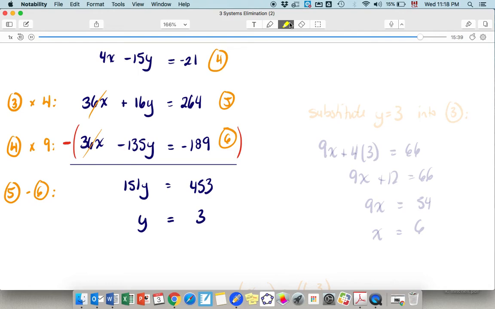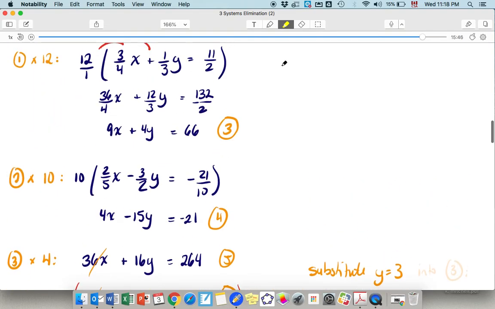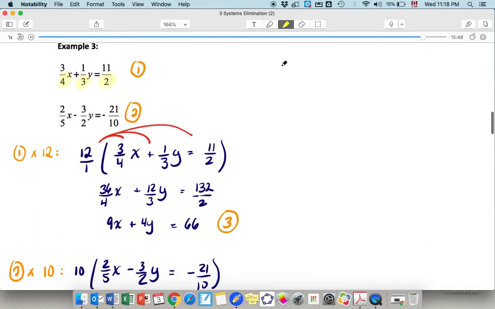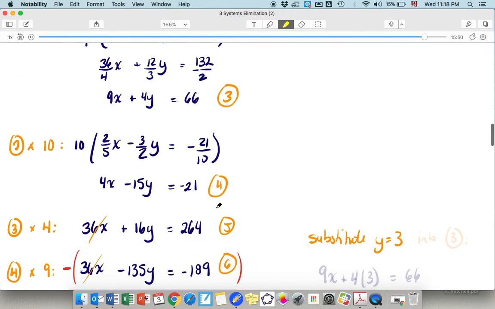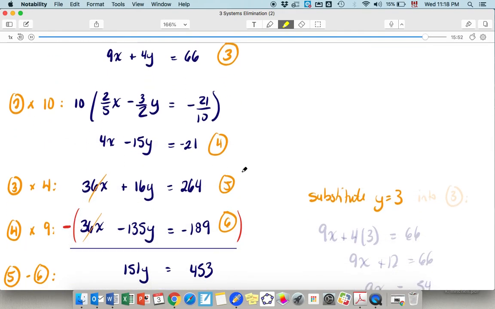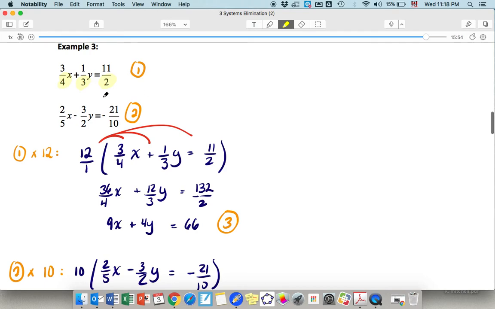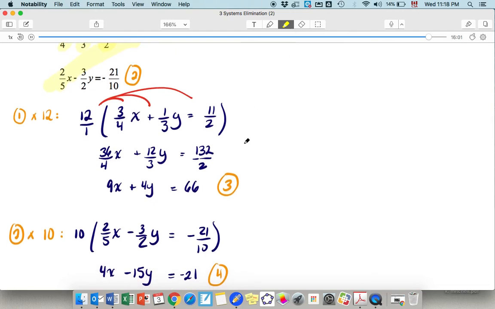Almost there, we've done most of our work. We're left with substituting y equals 3 into either equation 1 or equation 2 or 3 or 4 or 5 or 6. I'm going to avoid putting it into equation 1 and 2 because then I'm going to have to work with the fractions. It's fine, you can do it, but let's avoid that. Let's go with equation 3. So substitute y equals 3 into 3.